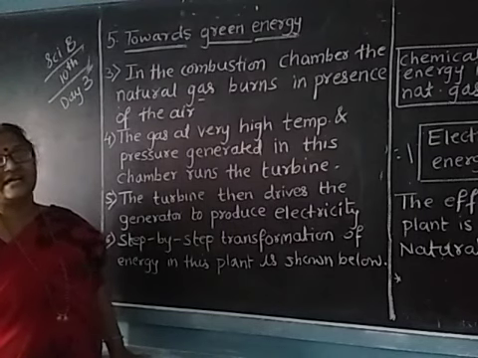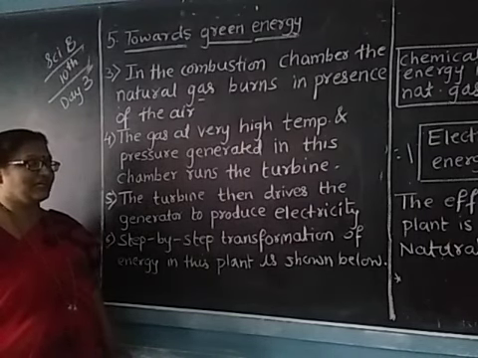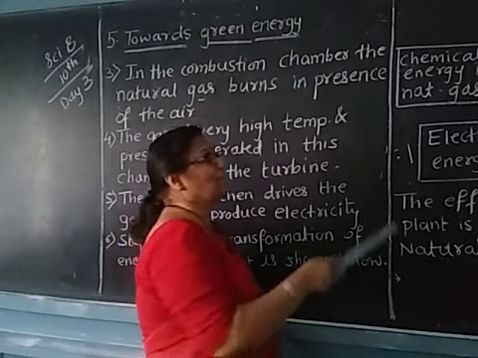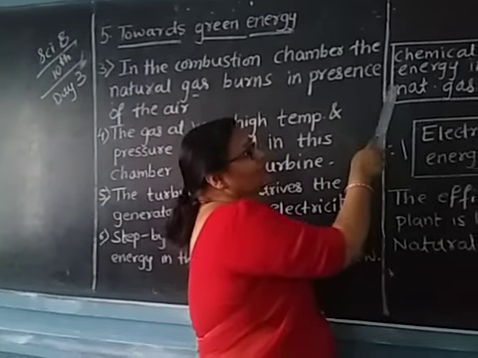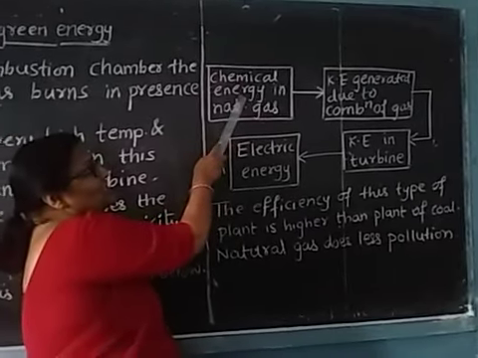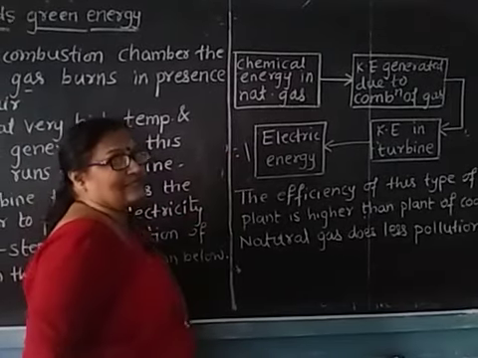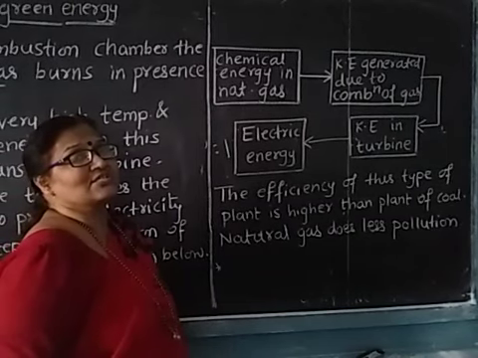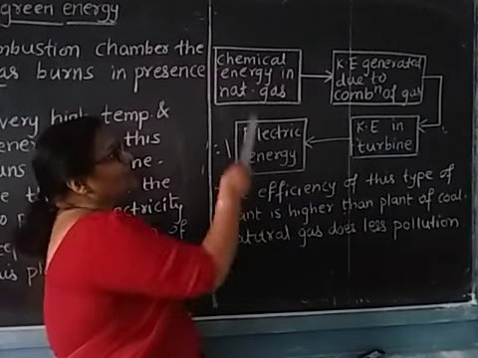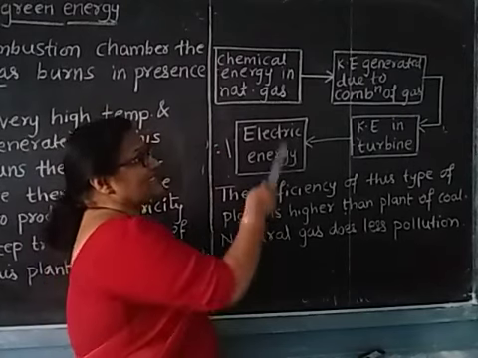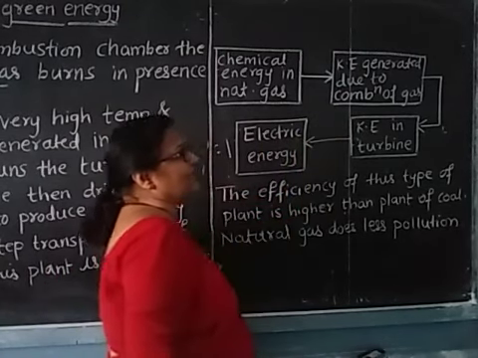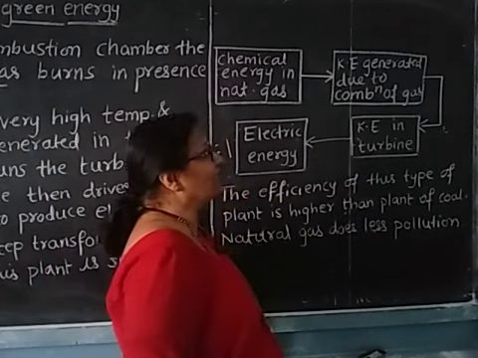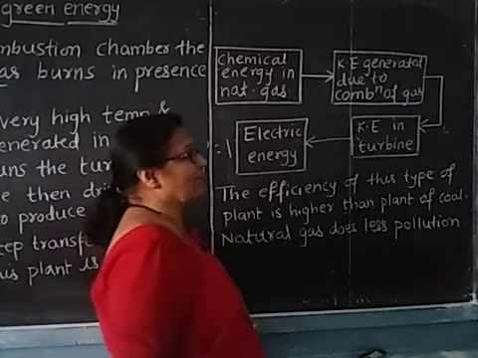The stepwise transformation of this energy is shown in the plant as below. That is nothing but chemical energy in natural gas. That means here there is a combustion chamber where the chemical energy of the natural gas is converted to kinetic energy, and this kinetic energy is generated due to the combustion of the gas.